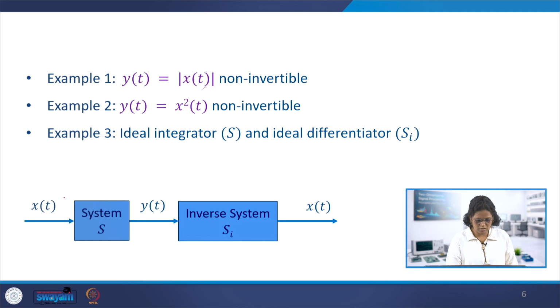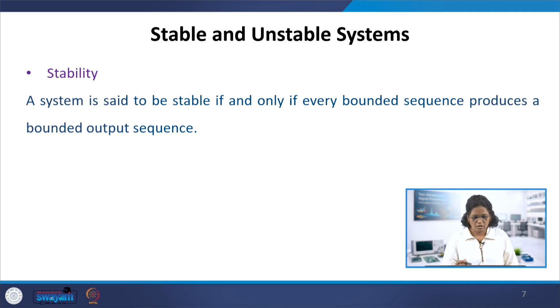If we are not able to get x of t back here, it is going to be a non-invertible system. Now, let us take stable and unstable systems, where the stability of the system can be defined in two different ways.